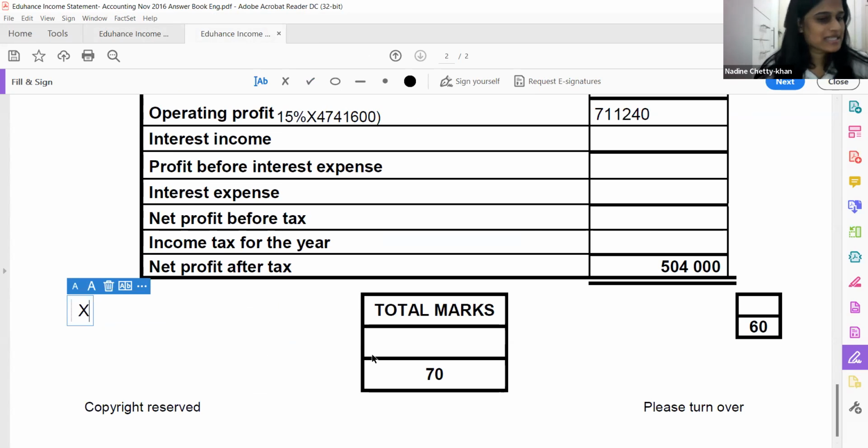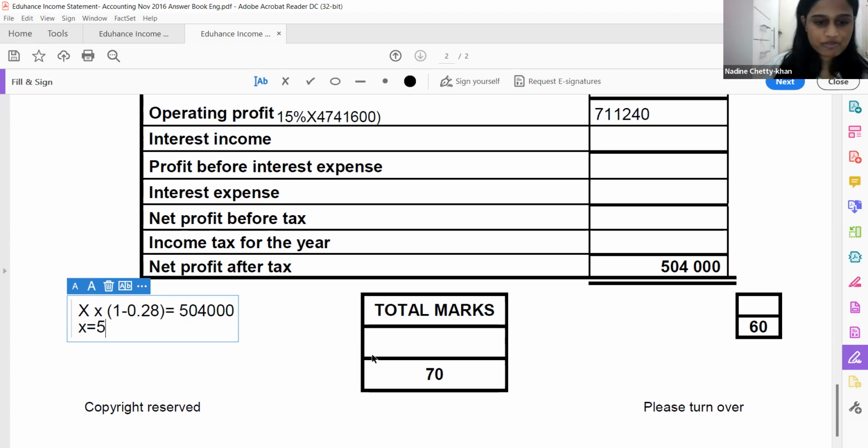Profit before tax is X. If we multiply that by 1 minus 28%, this is the after tax rate, we will get 504,000 because that's the after tax amount. So to calculate X, all you do is you'd say 504,000 divided by 1 minus 0.28, which is 0.72.